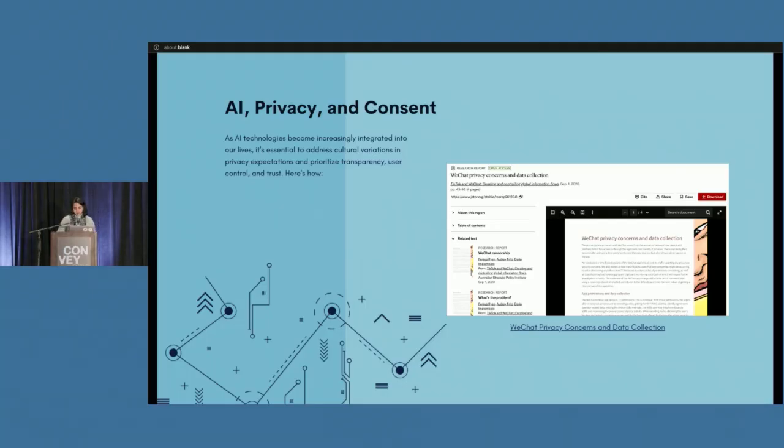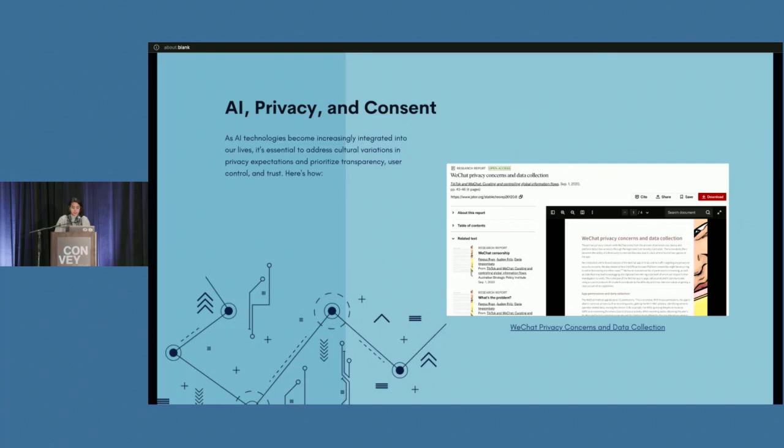So, for example, social media platforms operating in Western countries typically provide users with robust privacy settings, options to control who can access their personal information, even parental rights, or certain limitations for how children use these products.